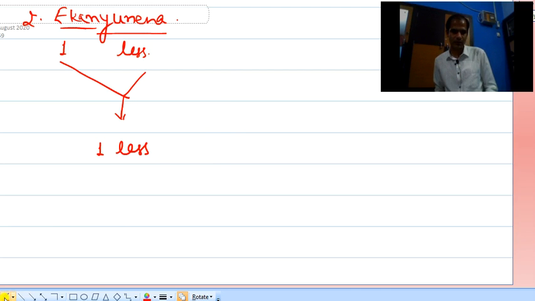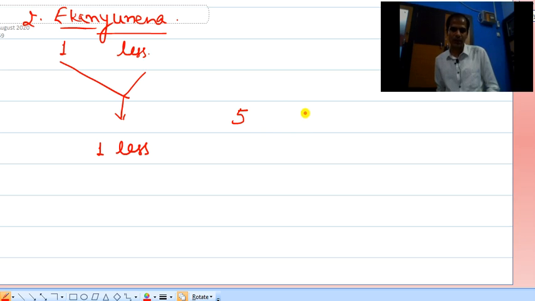I think there is some misprint in the table, because we are finding eka nyunena and it is given eka dhiken. So in example 3 there is some misprint in the table, you have to consider it as eka nyunena.